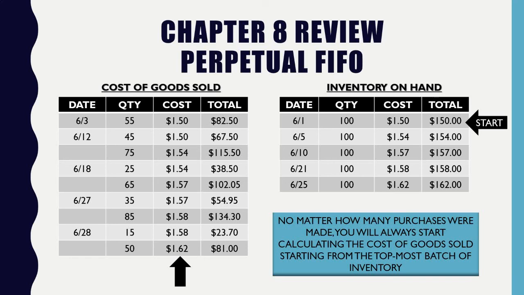Every purchase that we make, and every time we sell our goods, we're constantly keeping track of which batch came first, because maybe these items are going to go bad. So we need to make sure that we sell out all of our first batches of inventory. We start from the top and slowly make our way down to the bottom.